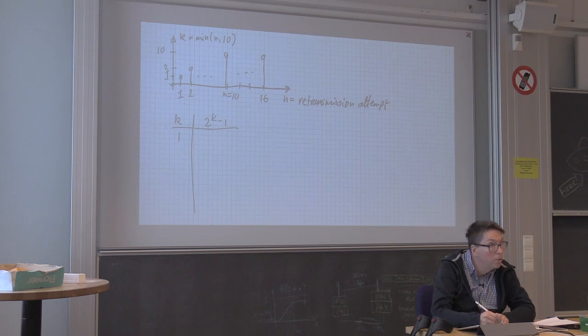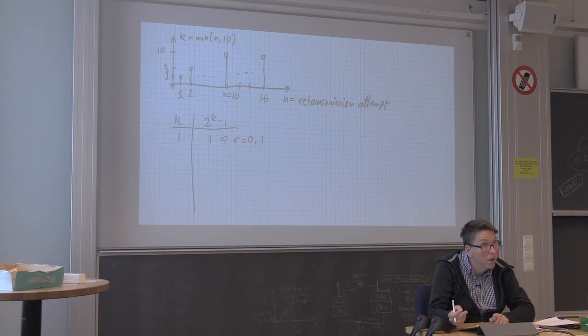So when k is equal to 1, what is 2 to the k minus 1? 2 to the 1 is 2, minus 1 is 1, right? So which means that the back-off time here, r, could either be 0 or 1. So either we wait 0 time slots or 1 time slot. These are the only possibilities.